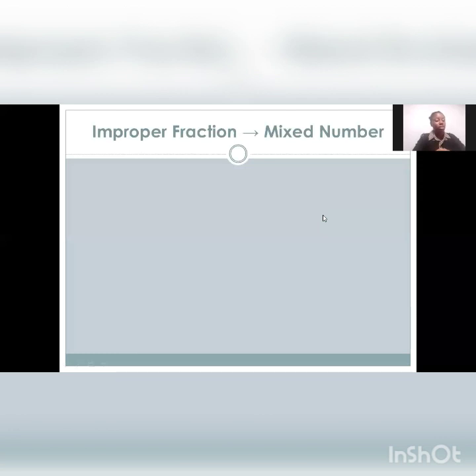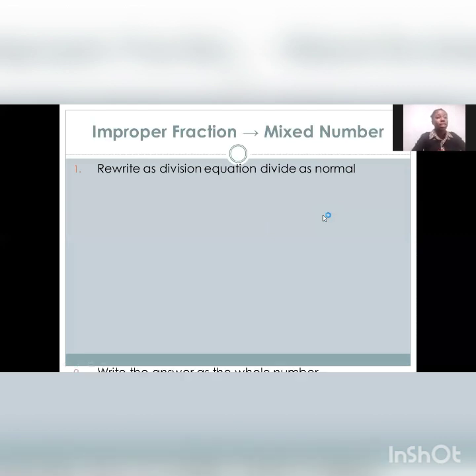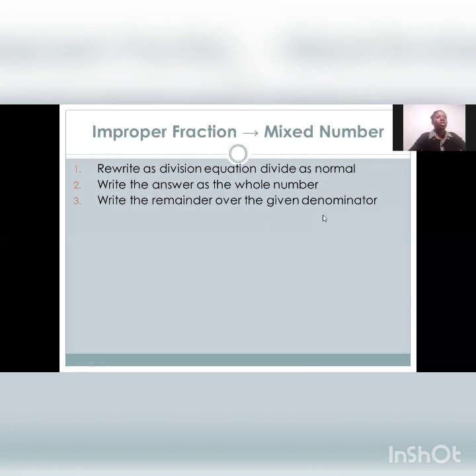Let's look at these steps. First is to rewrite as a division equation and divide as normal. The second is to write the answer as the whole number. Third, write the remainder over the given denominator.